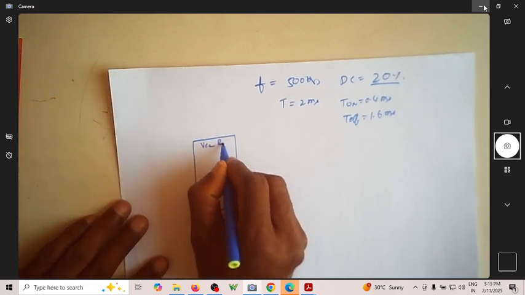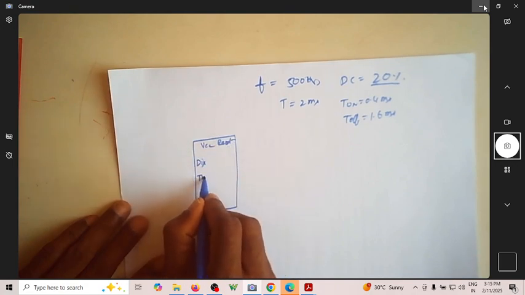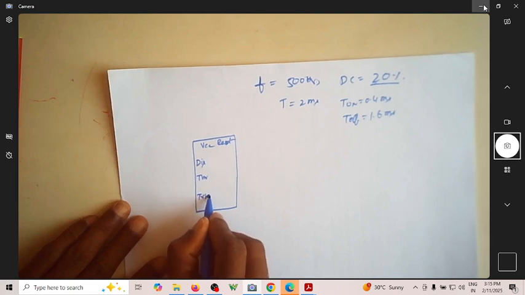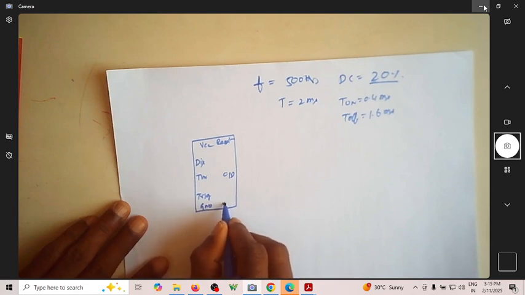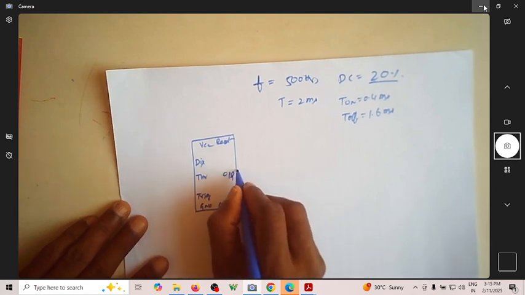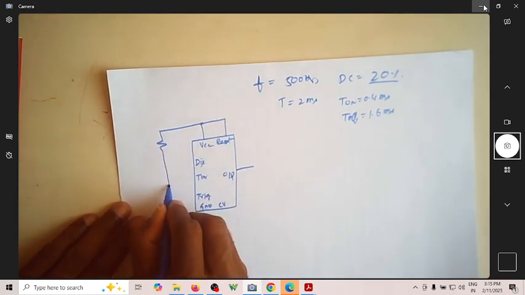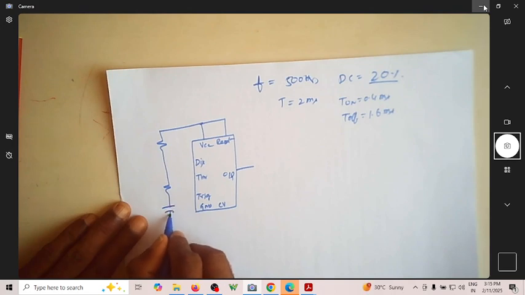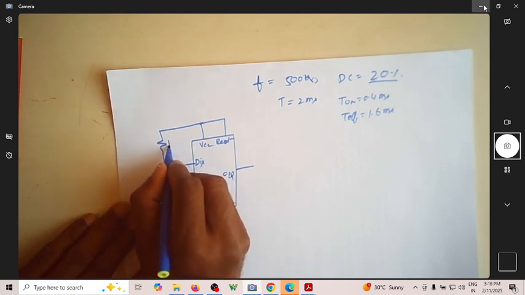This is VCC, reset. You have the discharge, you have the threshold, you have the trigger, you have the output, you have the ground, you have the control voltage. R1, R2, this is grounded, threshold and trigger are shorted, given to discharge.